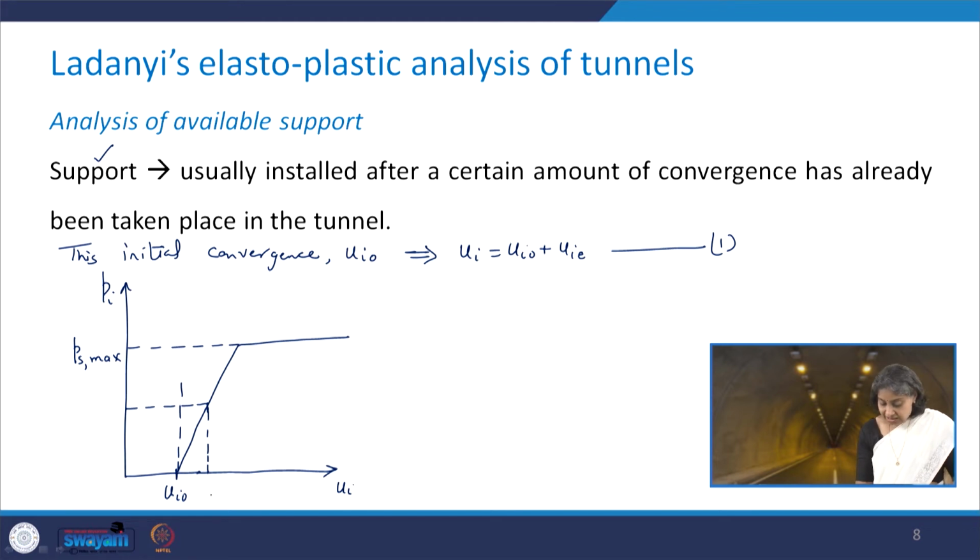So basically the elastic part of the total deformation is Uie. If I want to show it in this figure, it will be this distance that is given by Uie, and of course its slope will be K, which is the stiffness of the support system. So basically what I have drawn here is the available support curve.